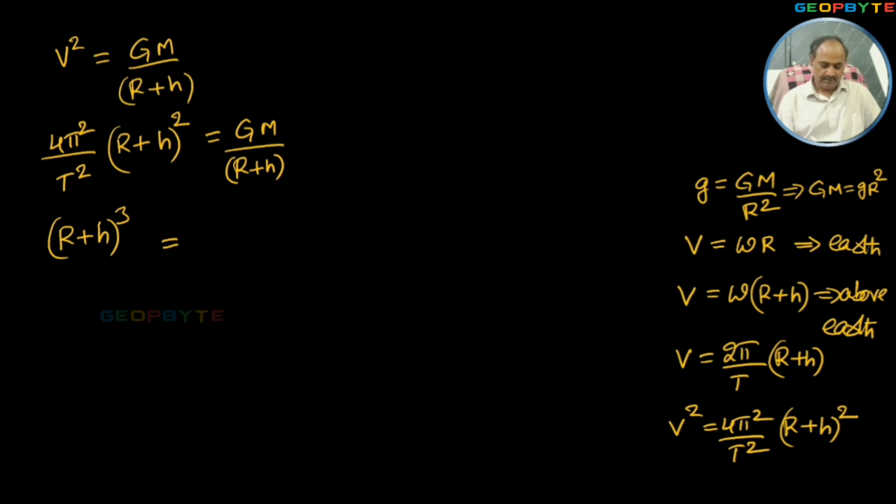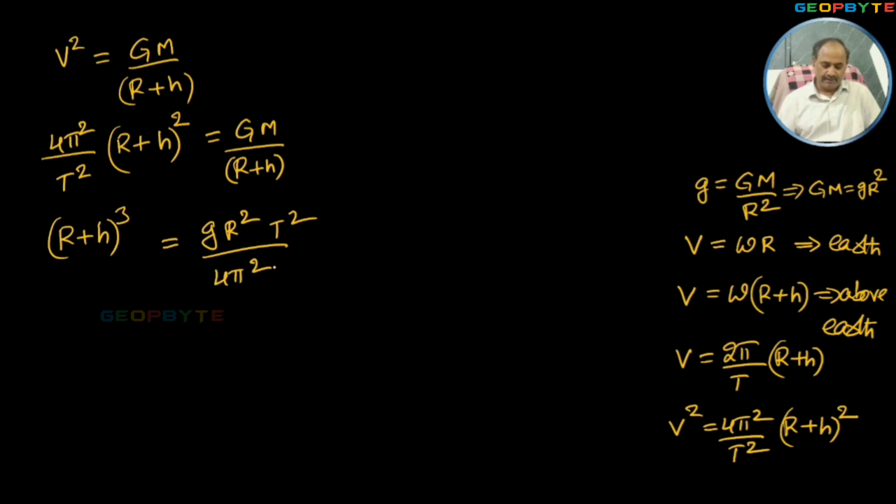So here (r plus h) whole cube equal to g r square into T square by 4 pi square.